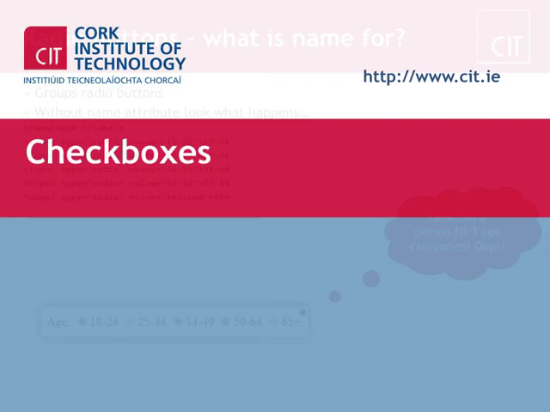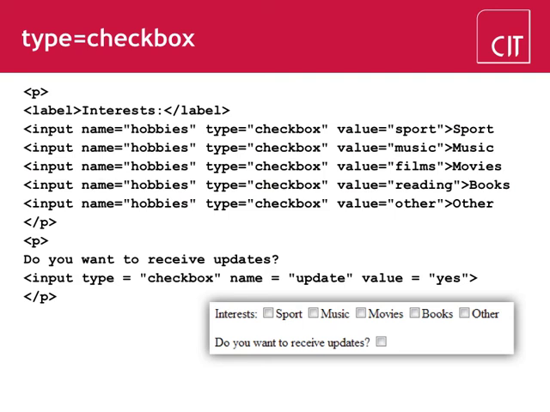Whereas for checkboxes, and these are the little squares, you can select multiple ones of these. And in this case, we make sure that we provide value attributes for each of the checkboxes, and it's the value that will get sent.